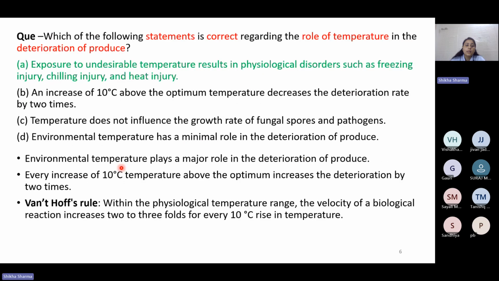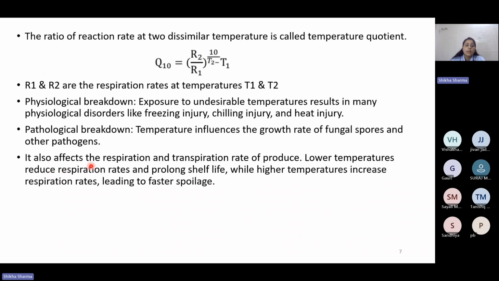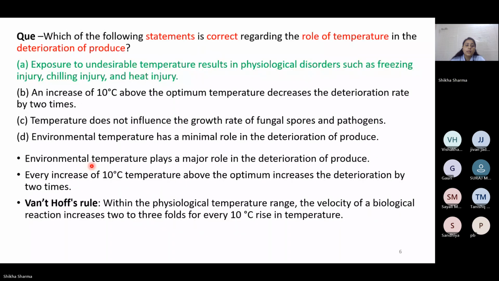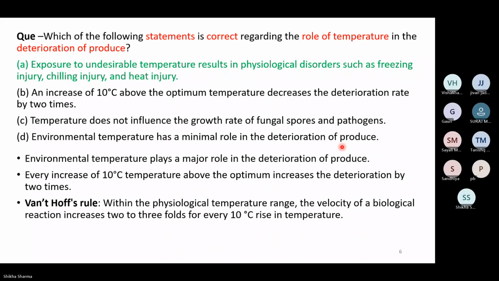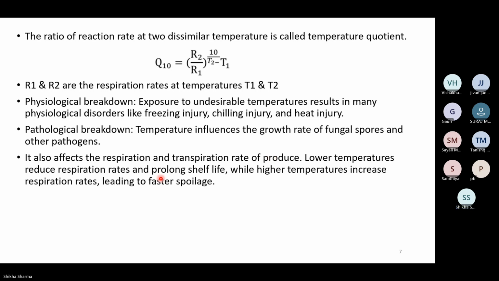Then the last option, D, says temperature has a minimal role in the deterioration of produce, whereas temperature has a major effect on the deterioration of the product. Temperature actually affects the respiration rate and the transpiration rate of produce.